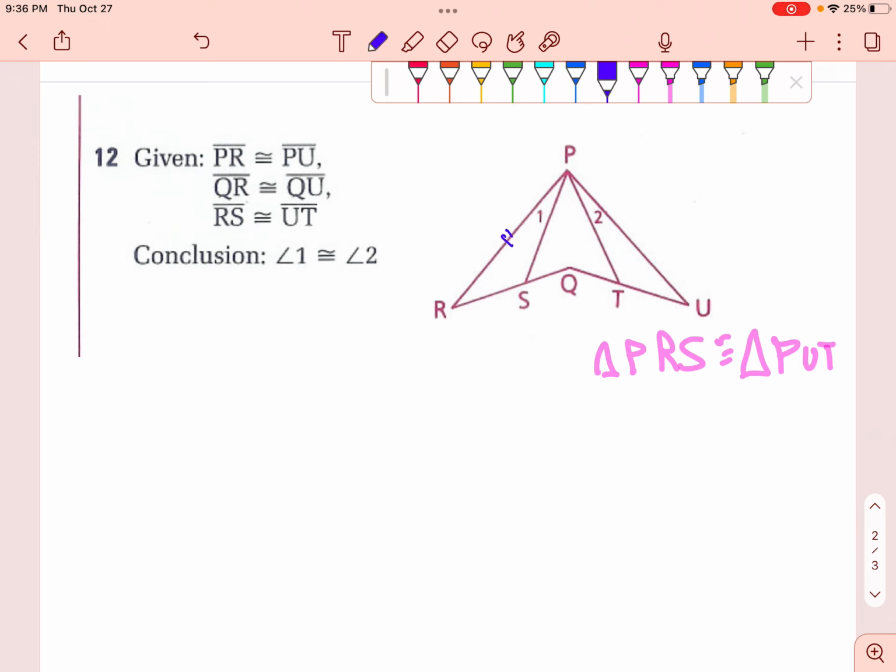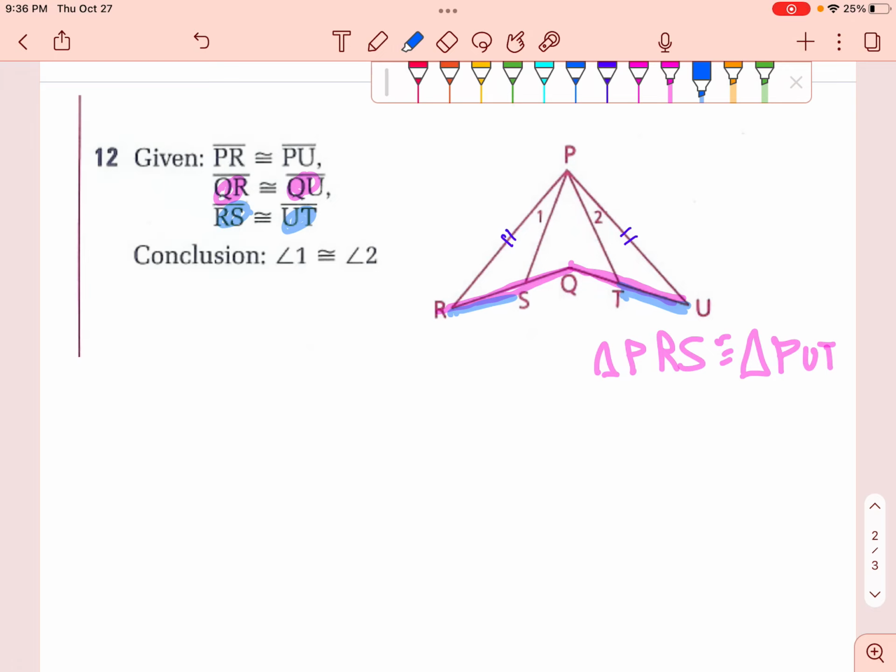So PR is equal to PU. QR, I'm going to denote this with a pink segment. QR is equal to QU. And RS is equal to TU.